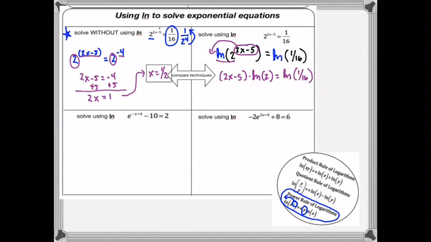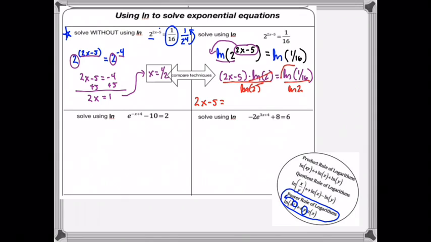So we can start knocking this thing out. What I'm going to do is divide each side by the natural log of 2, and that's going to cancel these guys out, and I'm going to get 2x minus 5 equals.